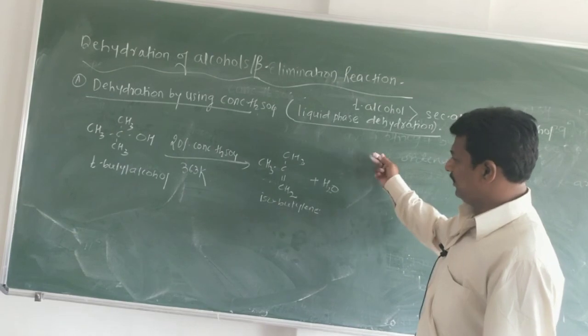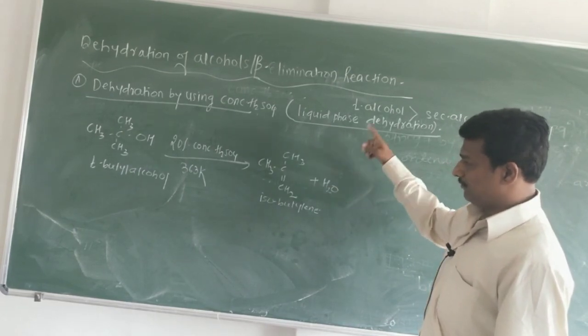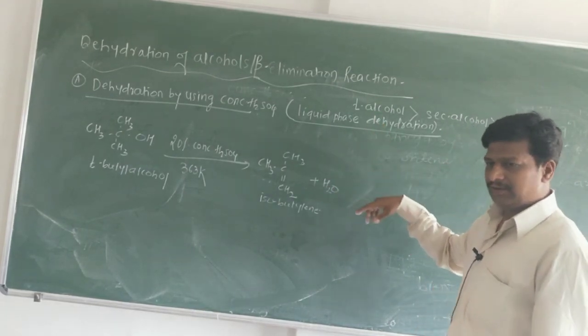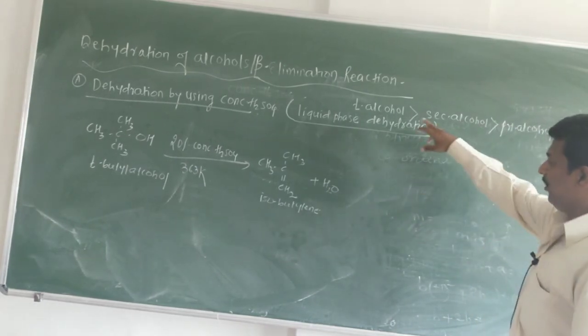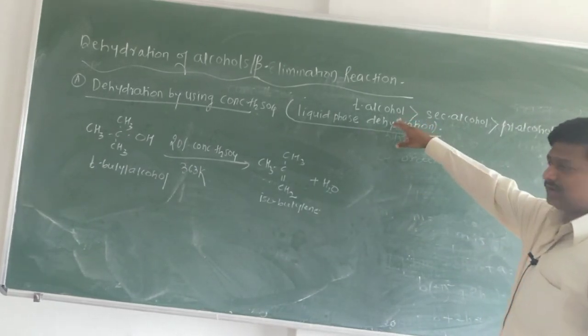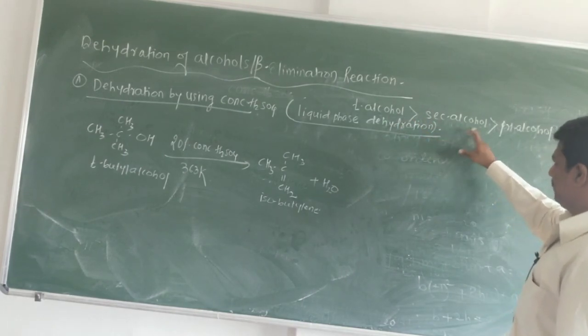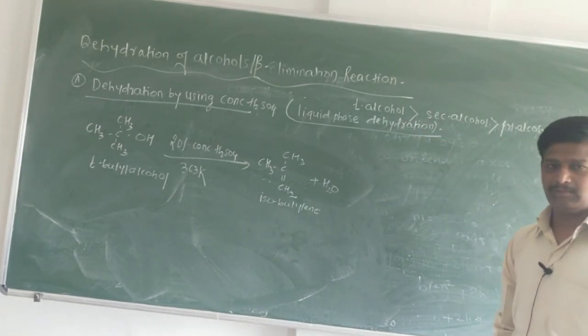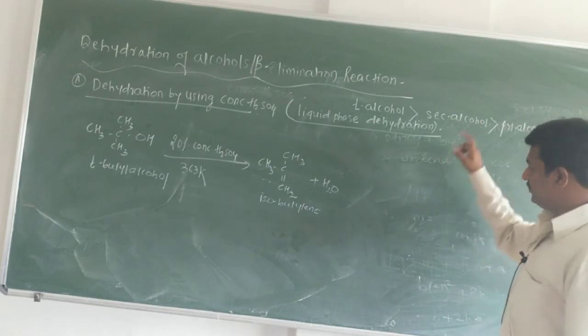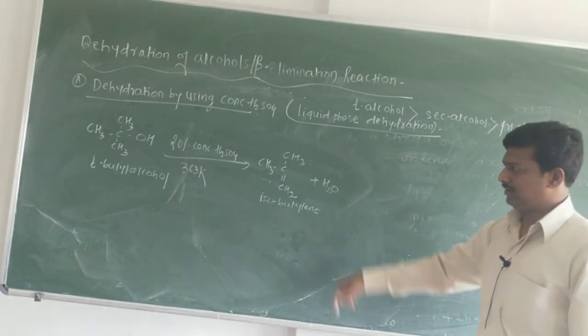Okay, and in this reaction you have observed that the order of reactivity of the alcohols is tertiary alcohols greater than secondary alcohols, and secondary alcohols greater than primary alcohols. Now again I would like to highlight this point here.